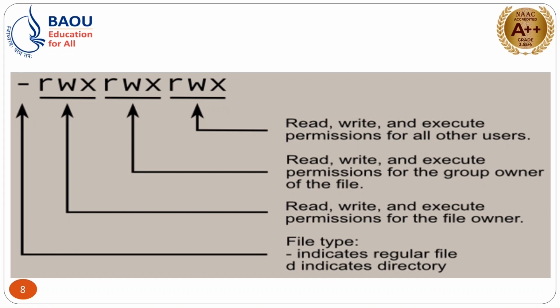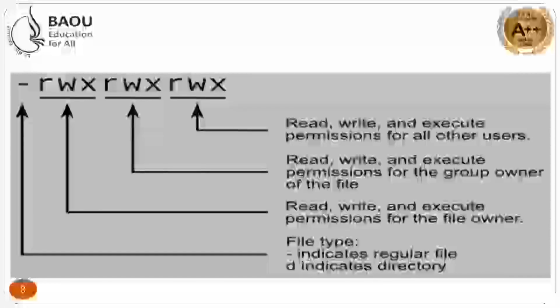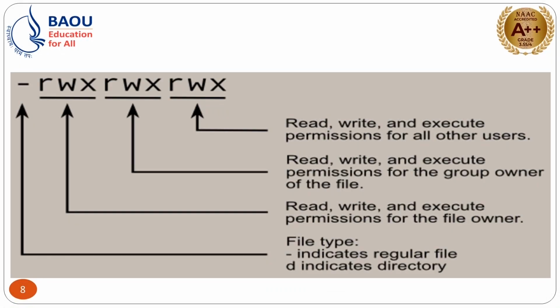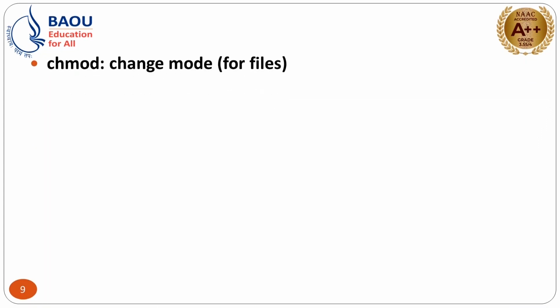The next 3 letters RWX represent the group, that means the group the file belongs to has all 3 permissions, and the other users apart from the owner and the group can also have 3 rights, RWX, that is read, write and execute. So you can change these accordingly with the options that we will see practically one by one.